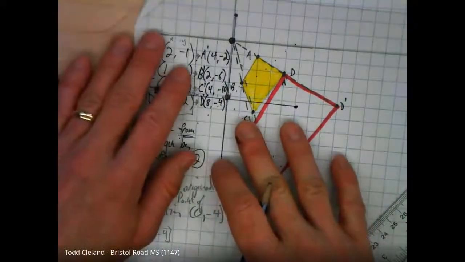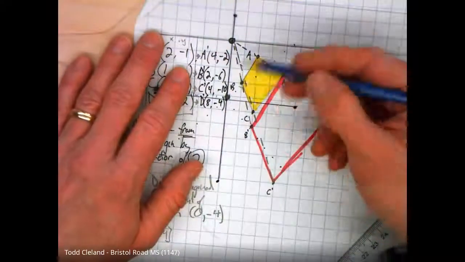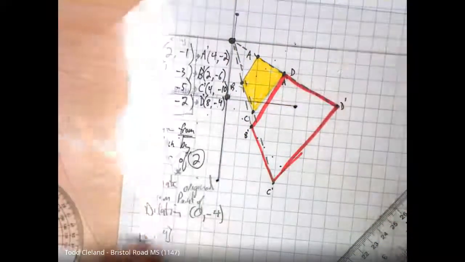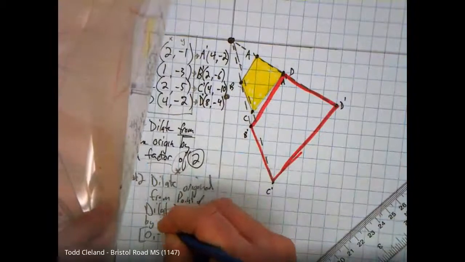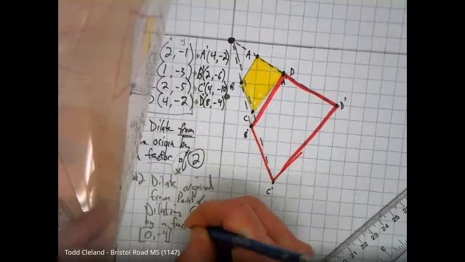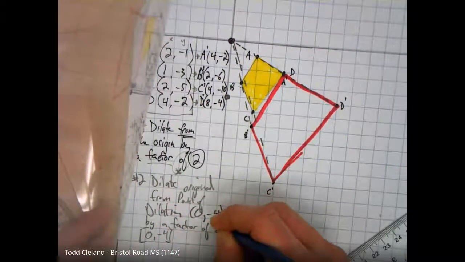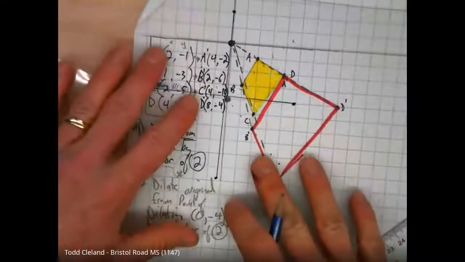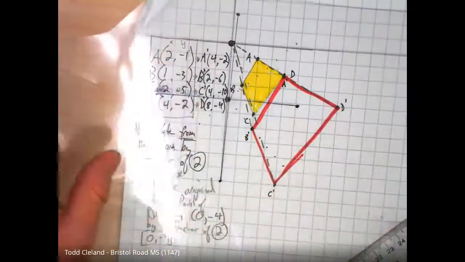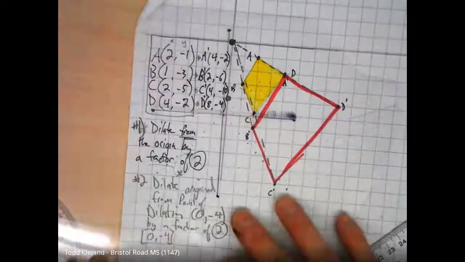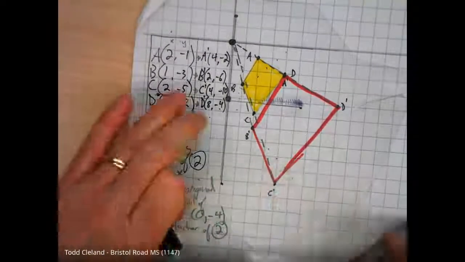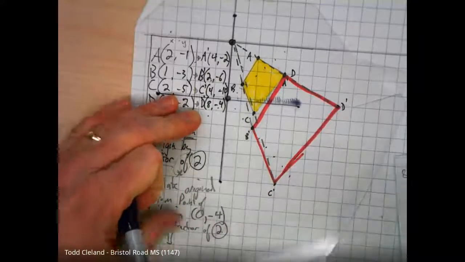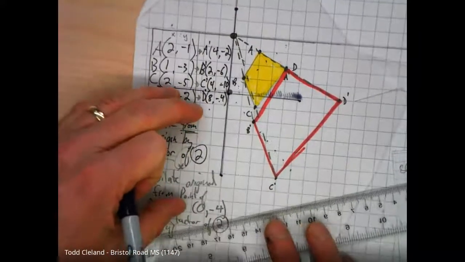So go ahead and take a little bit of time to figure out your new points, and then dilate by a factor of 2 again. Still going to be a factor of 2, just a different point of origin. I will leave this up here in case anybody needs a hand determining your new points.